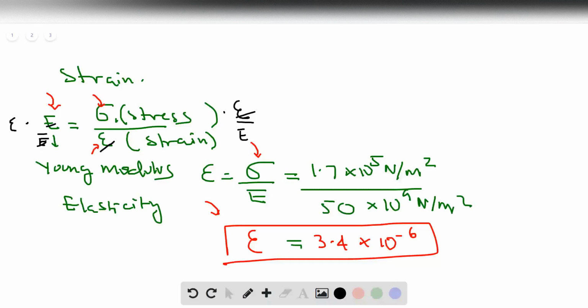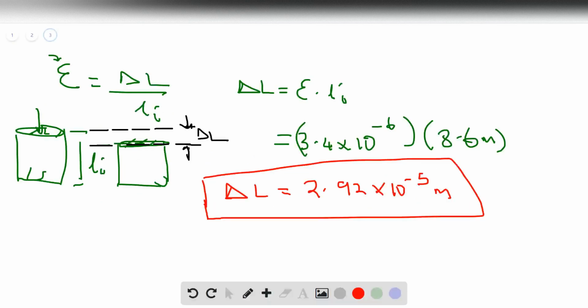You have a new equation for the strain, and it becomes 3.4 times 10 to the -6. Remember, it doesn't have any units because the units for stress and Young's modulus cancel out. And then in the last page, we use a different, conceptual definition of strain, which is change in length over original length. We use that to compute the change in length.